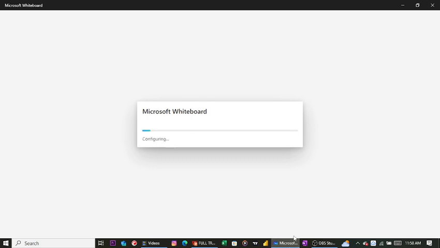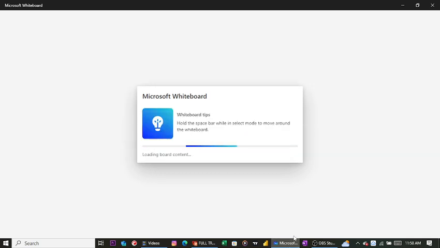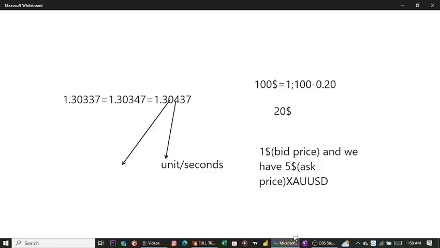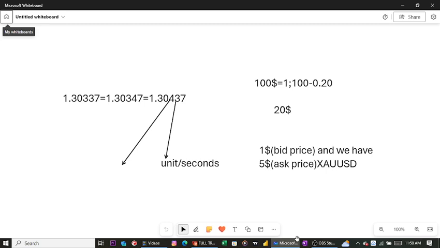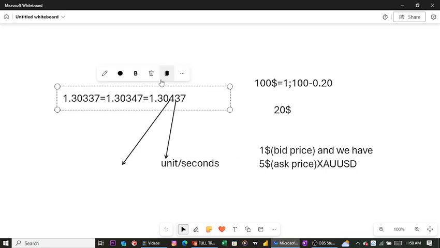So PIP is price in percentage. Any smallest change in price is called a PIP. It doesn't need to be the whole number.